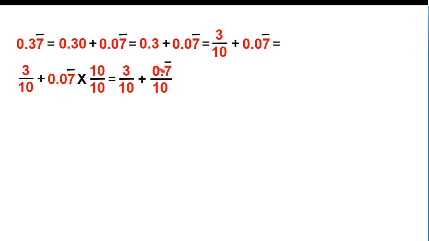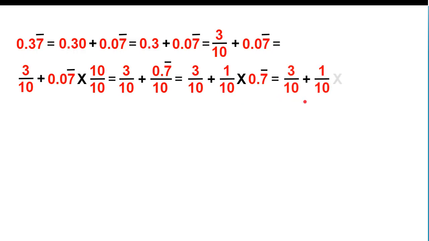0.07 times 10 is 0.7 recurring, divided by 10. 3 over 10 plus 1 over 10 times 0.7 recurring. And again, we'll use what we learned in the beginning of this lesson, that 0.7 recurring is actually 7 over 9, 7 ninths.